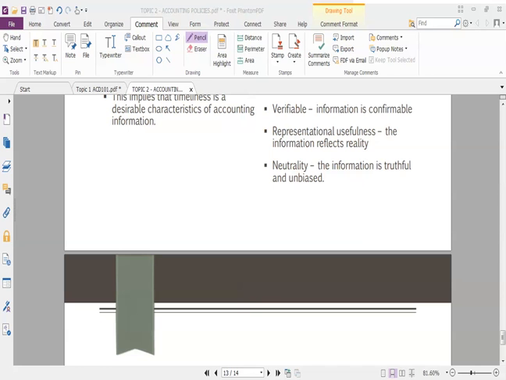They are having losses, they are not generating enough revenue. So the accountant itself should be neutral, truthful and unbiased, and not follow the instruction of the manager or the boss. It should be neutral.